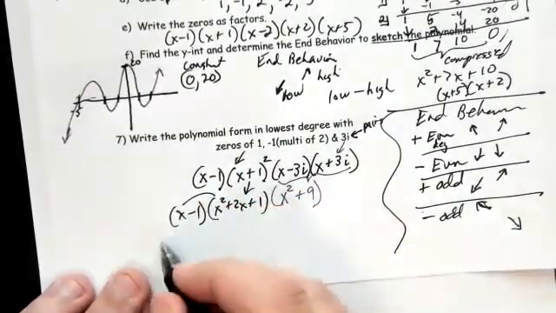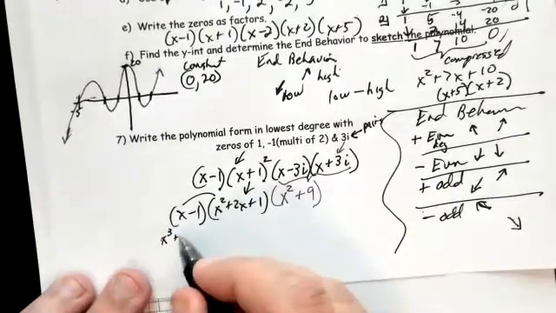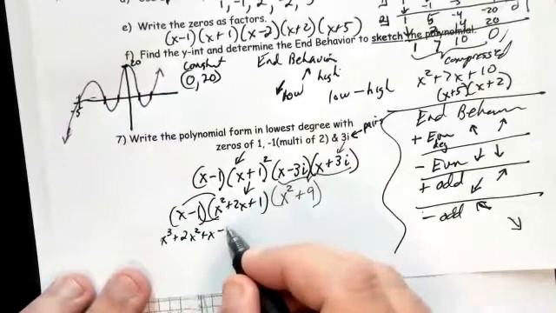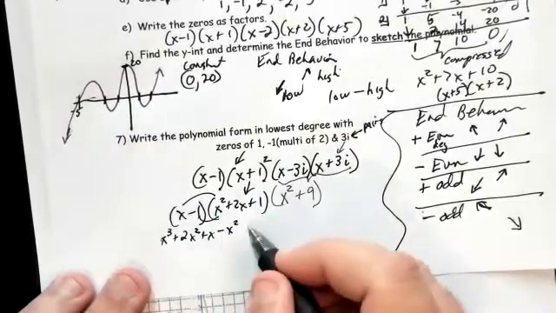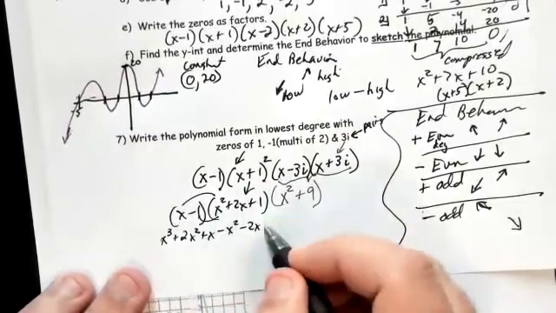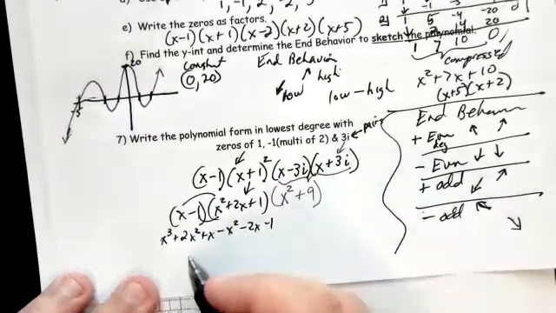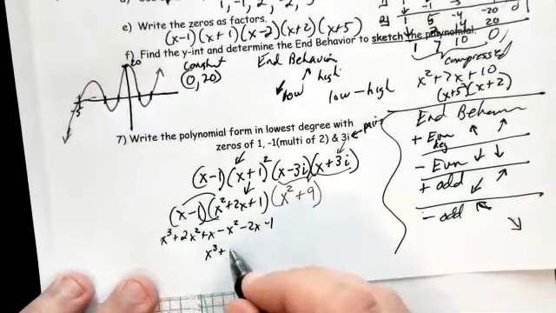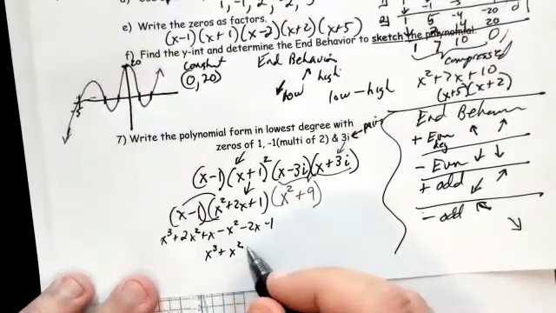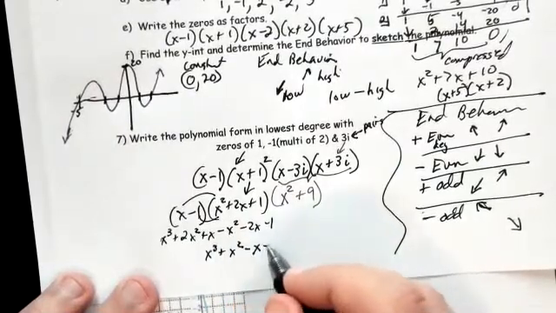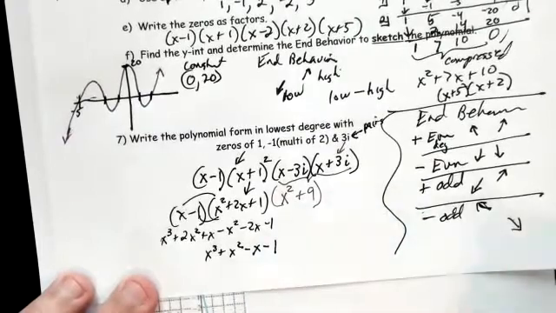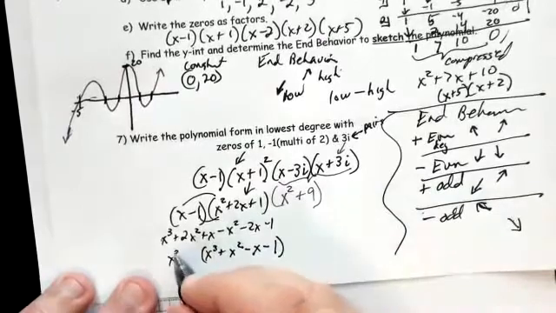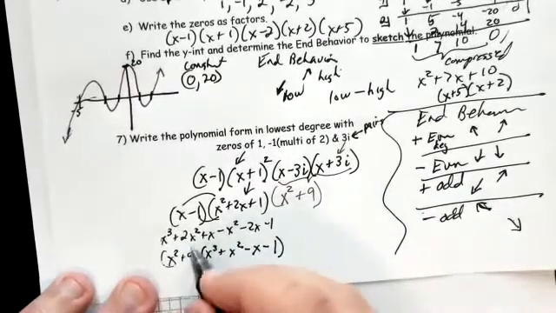We'll just multiply the x. So that's going to be x cubed plus 2x squared plus x minus x squared minus 2x minus 1. Let's simplify that. x cubed plus x squared minus x minus 1. Hope that's right. And now we're going to multiply x squared plus 9 to that.